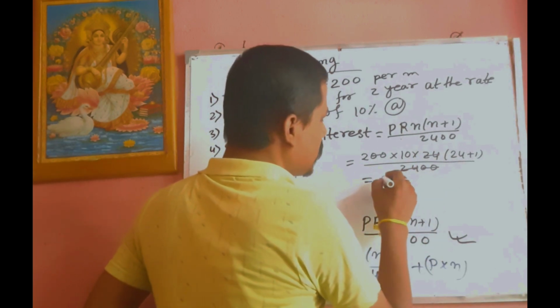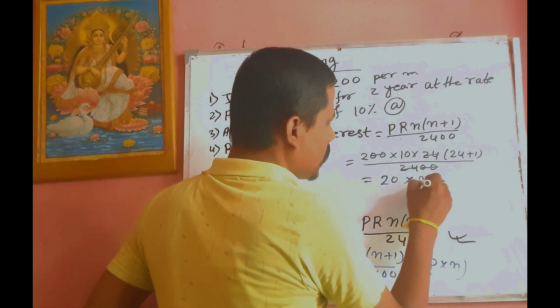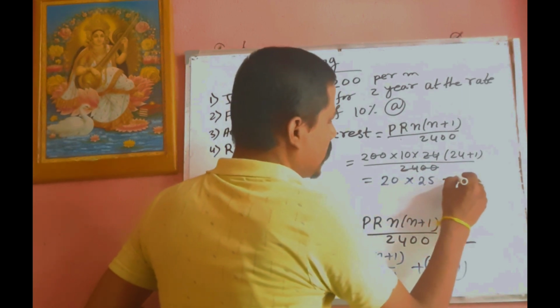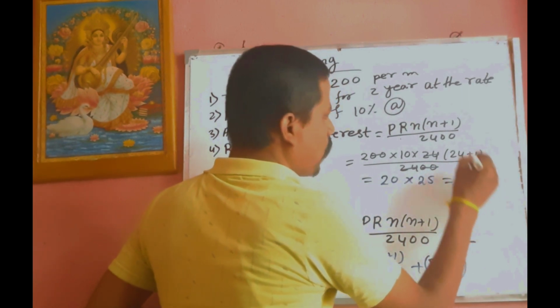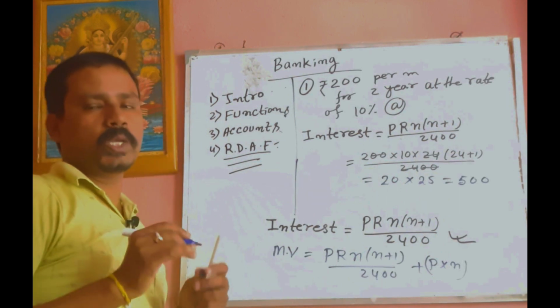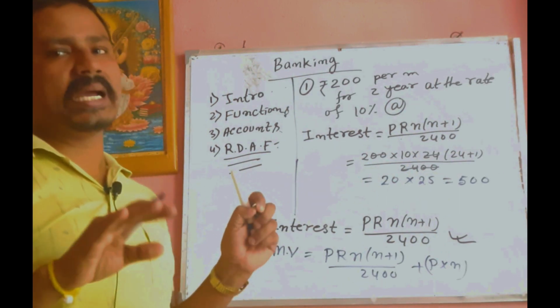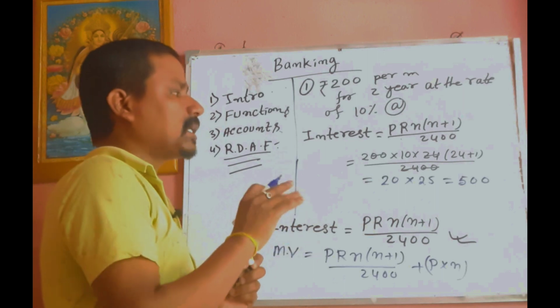So the interest is, when you multiply this, 200 into 10 into 24 into 25 divided by 2400, we get 500. So 500 rupees will be earned by that person who deposited that money.